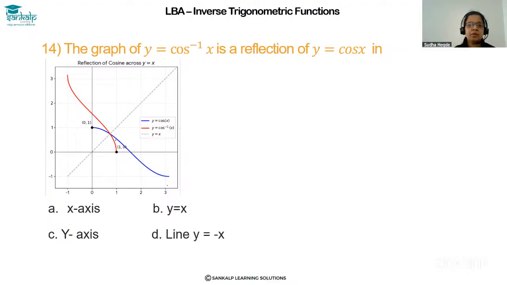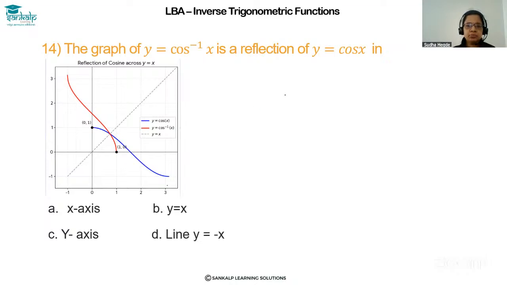The graph y is equal to cos inverse x and y is equal to cos x overlap if you fold on the line y is equal to x. So therefore, it is symmetric about the line y is equal to x.